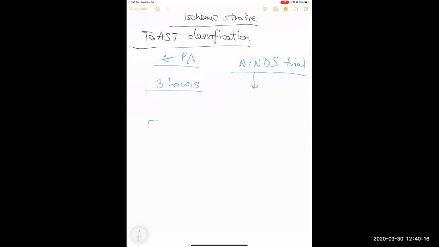However, later studies, including ECASS-3, I believe, showed that TPA is also beneficial in an extended time period up to 4.5 hours, although FDA has not approved it up until 4.5 hours. But most other regulatory agencies in Europe have approved it.